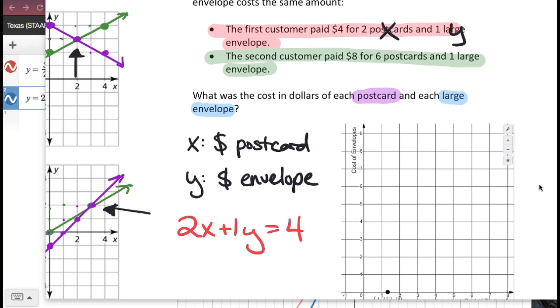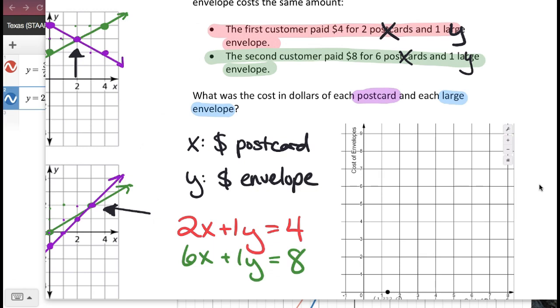And again, in the green sentence, because postcards is X and envelopes is Y, we can see that the green sentence translates to 6x plus 1y equal to 8.